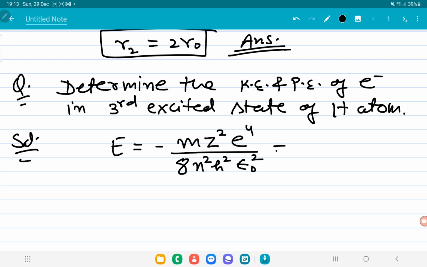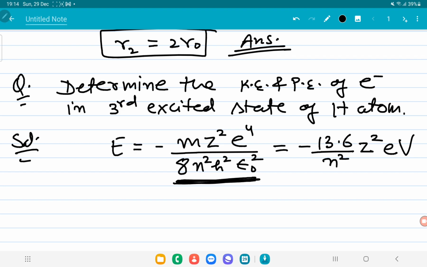So if I simply solve it, then it turns out to be 13.6 upon n square into Z square electron volt. So you can remember this expression, and for numerical purposes this formula will be highly helpful for you.